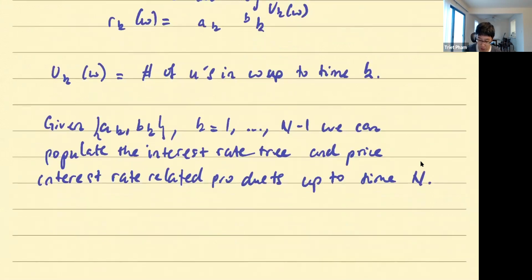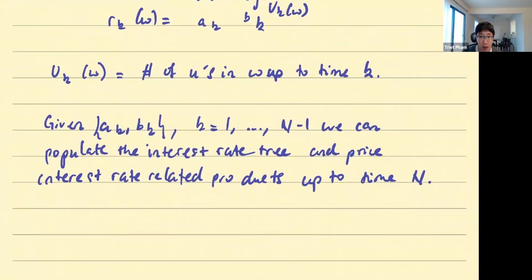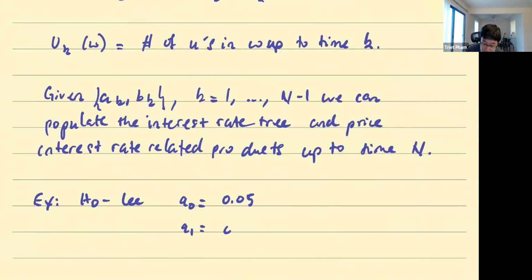So for example, the example we considered last time was the Ho-Lee model, with a_0 to be 0.05, a_1 to be 0.045, b_1 to be 0.01, a_2 to be 0.04, and b_2 to be 0.01.